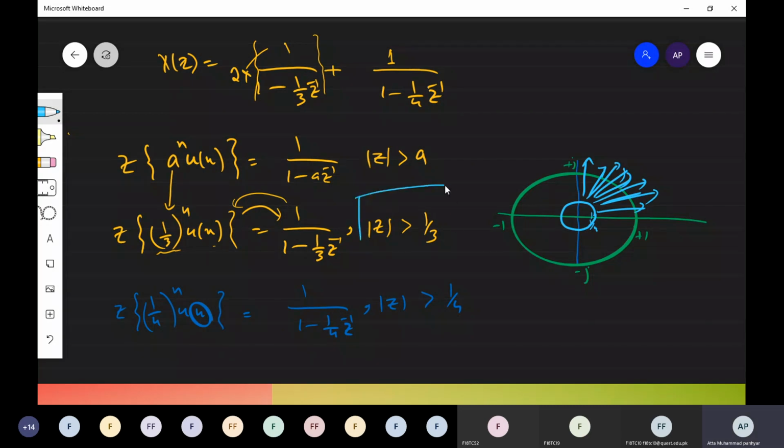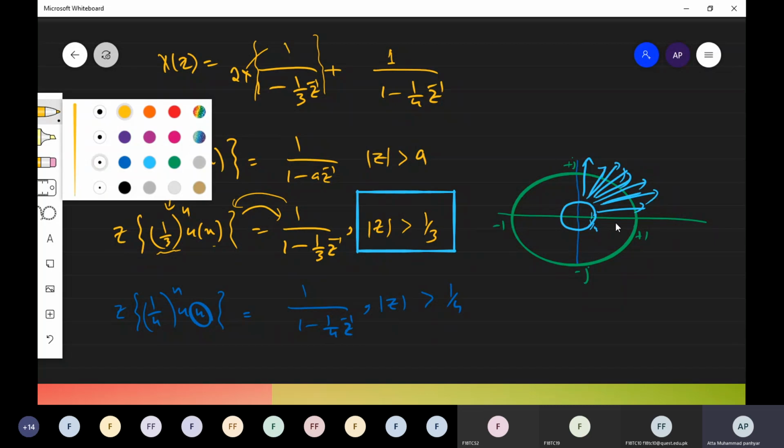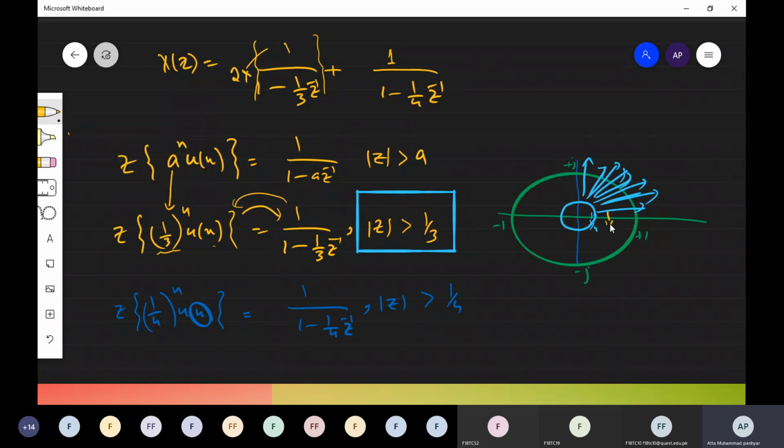The second signal says the value of z must be greater than 1/3. So 1/3 is greater than 1/4 because 1/4 is 0.25, 1/3 is 0.33. So this circle lies somewhere here, right?